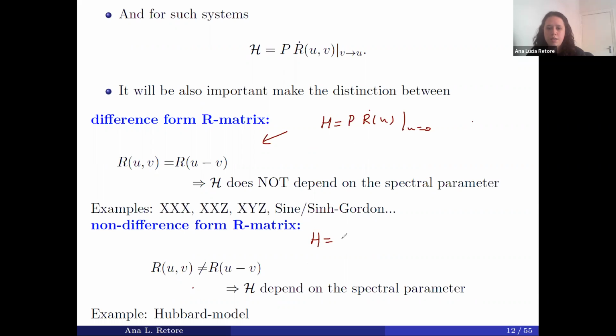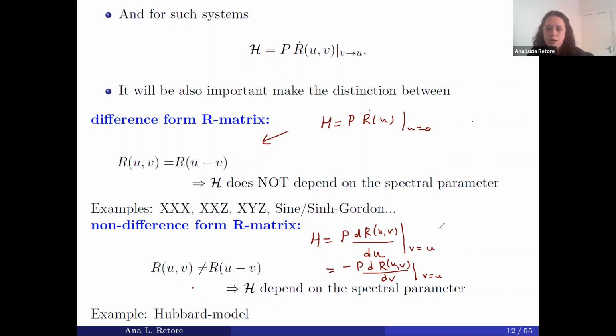So you can either do this, or you do minus, and you send V to U or U to V. It doesn't matter, you depend on one parameter at the end, but basically one is minus the other usually.